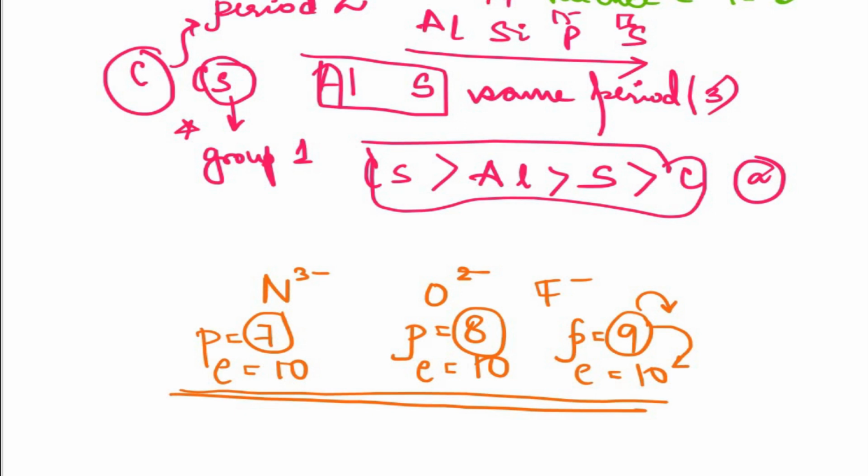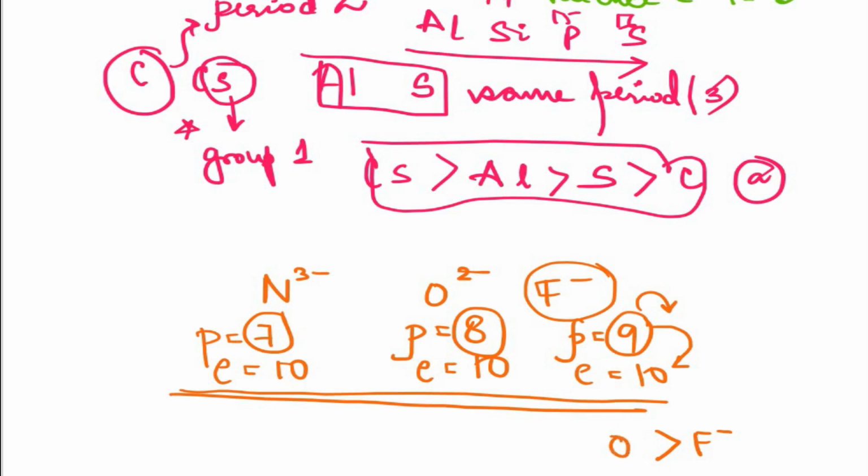So far clear? So ideally, since the number of protons is greatest in the case of fluorine or fluoride ion, it should attract the electrons to a greater extent as compared to the nitride and oxide ion. So its size should be comparatively smaller as compared to these two. So F minus should have the least size.